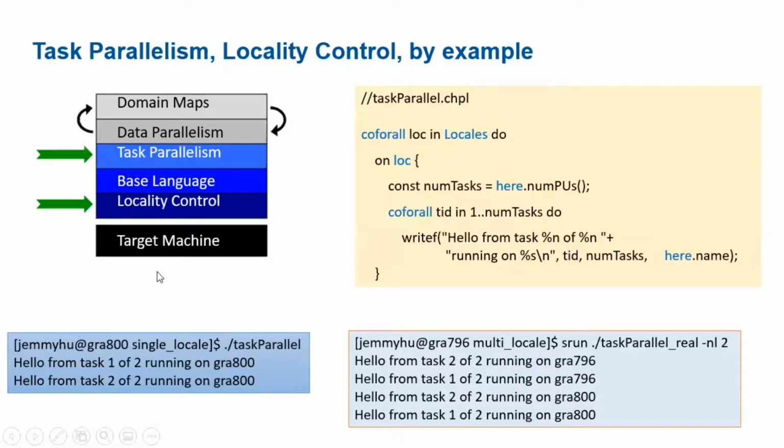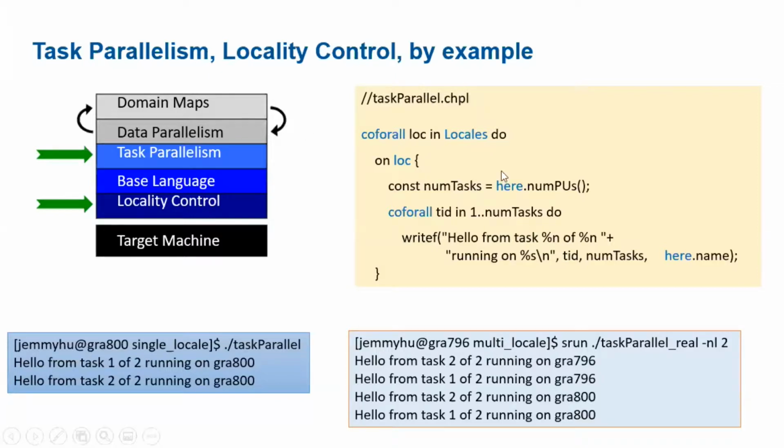And we continue with demos and examples here. So here is task parallelism, locality control by example. We want to demo task parallelism here as well. Here we use a coforall across locales. We can use this code to test on the same node or across nodes, which we call locales in Chapel.